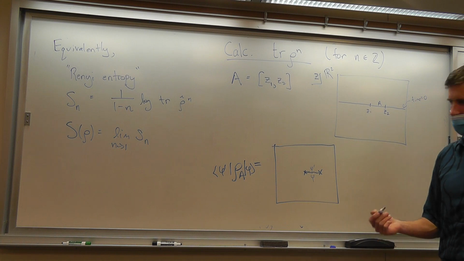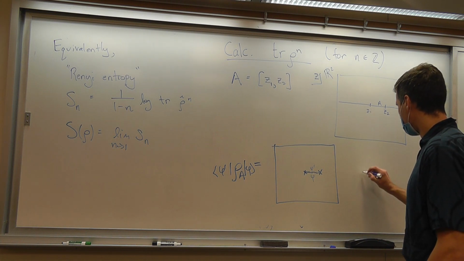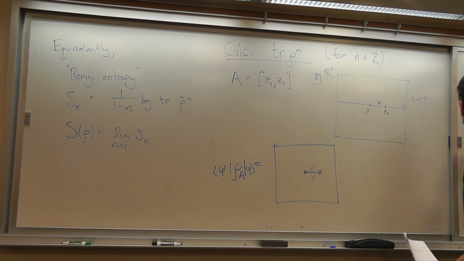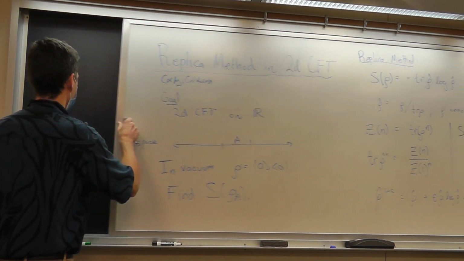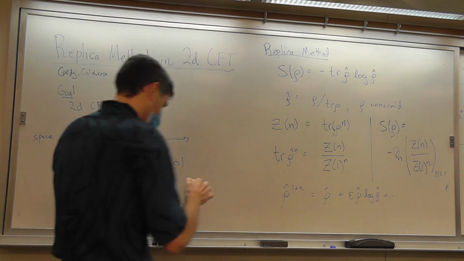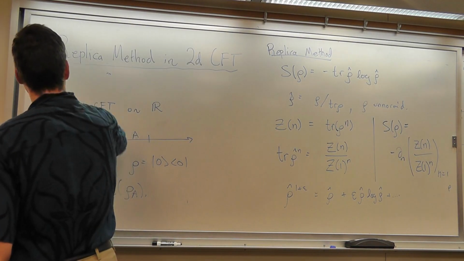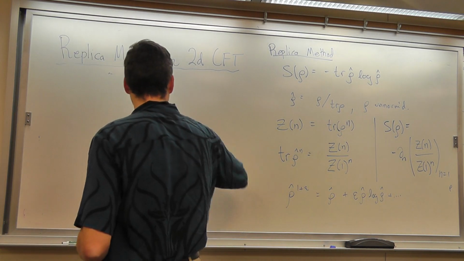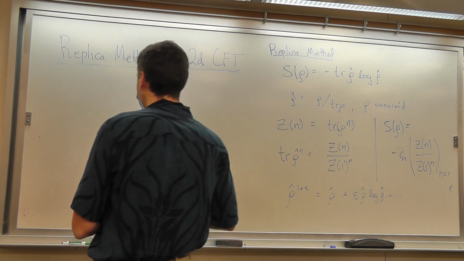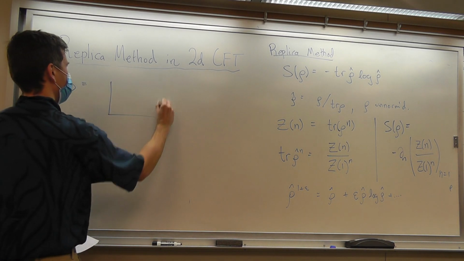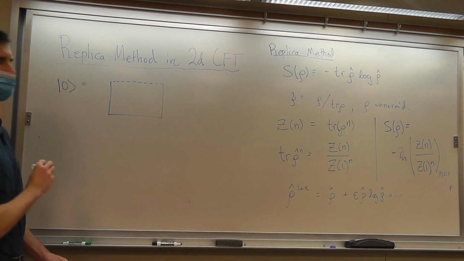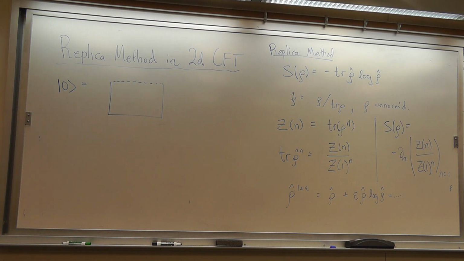Now, let me remind you where it came from. Well, the vacuum state was the path integral on the lower half plane, because the Euclidean path integral damps any excitations and projects us onto the vacuum state.